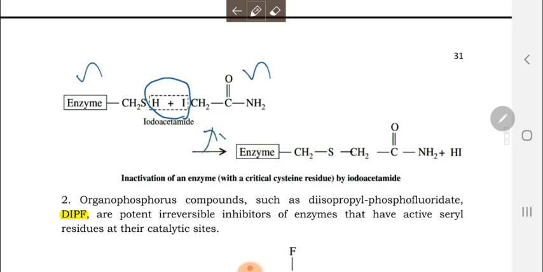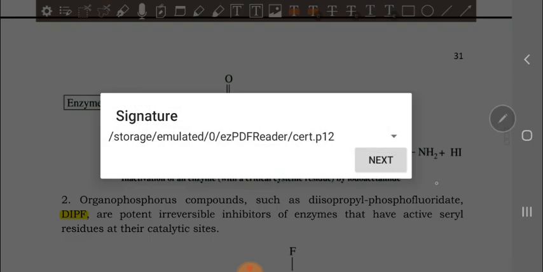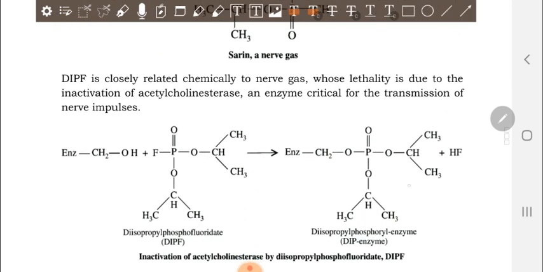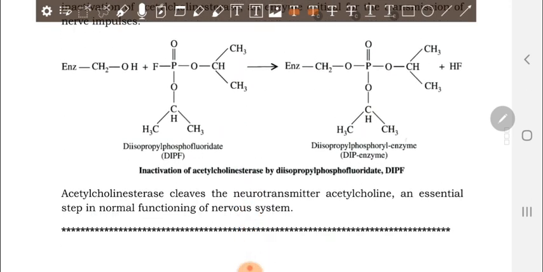You can see here between S and CH2 there is a bond. This bond is a covalent bond, so it is permanent. This is the inactivation of an enzyme by iodoacetamide, an example. And with this, we are going to complete all the different types of inhibition.